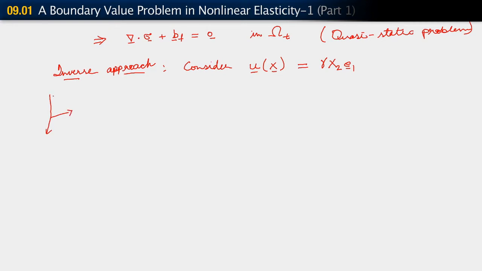So for our picture of the current and reference configurations, here's what we have. I'm going to consider a rectangular block for ease of representation, and I need to get it to align up with the axes I have here.